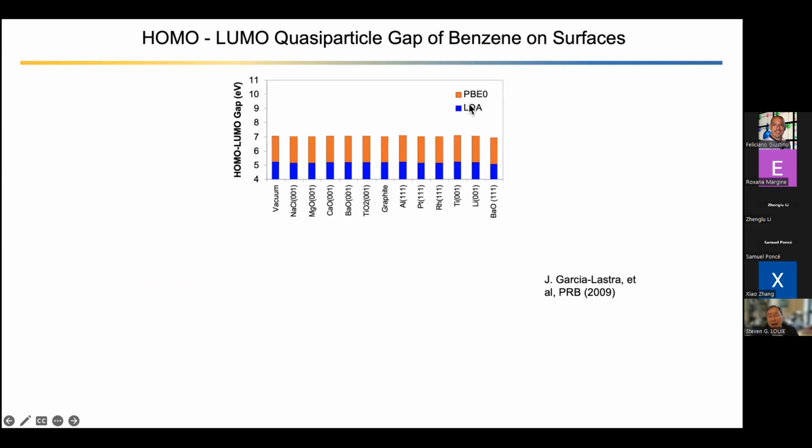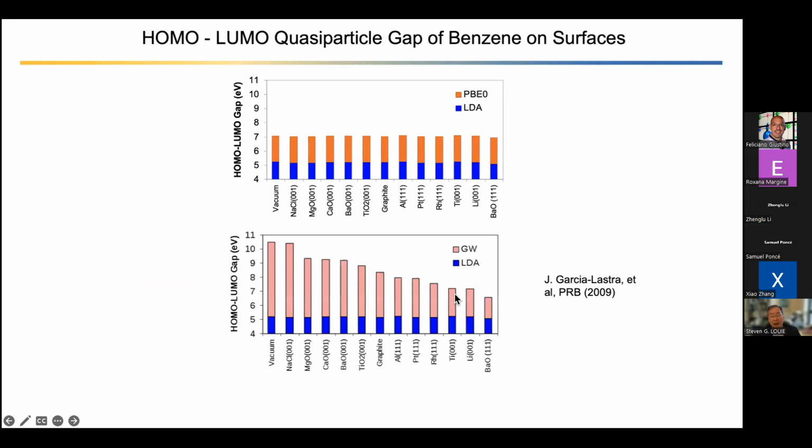Even if you do a hybrid functional calculation, you get a different gap, but it doesn't change from one surface to another either. If you do a GW calculation, you find a very different result. For the same molecule, you have completely different HOMO-LUMO gap depending on which surface you look at. In fact, that's what you find in experiment.